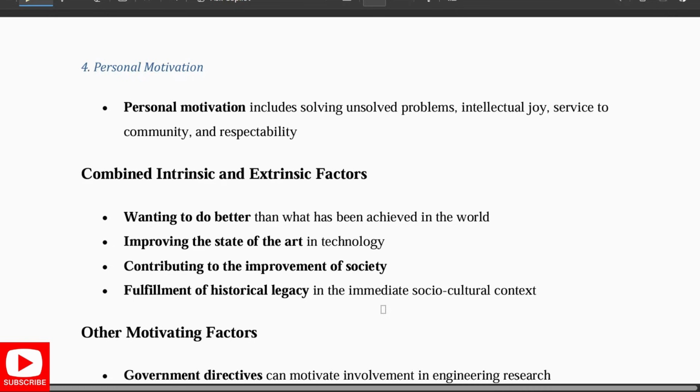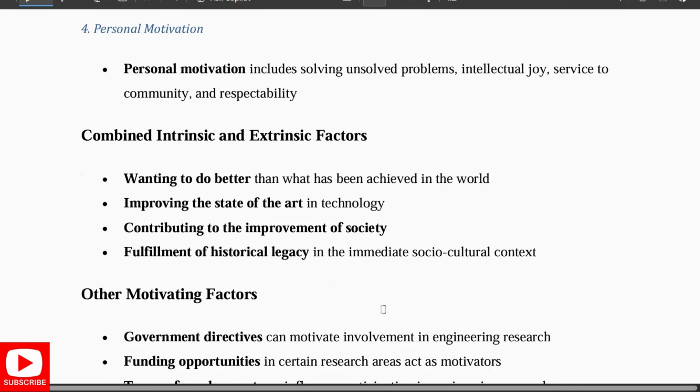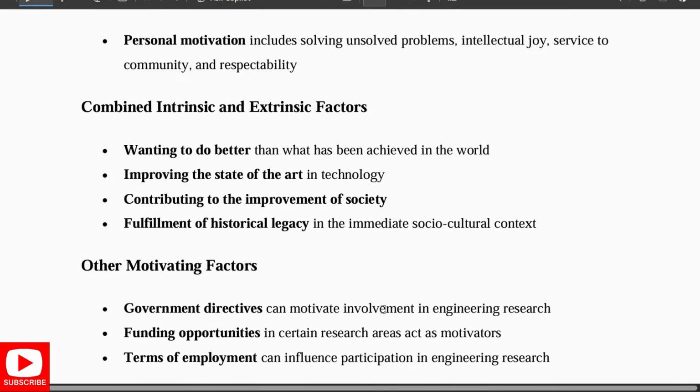By combining intrinsic and extrinsic factors, it is about wanting to be better than what has been achieved in the world, improving the state of the art in technology, and contributing to the improvement of society. Then you are fulfilling a historical legacy in the immediate socio-cultural context.